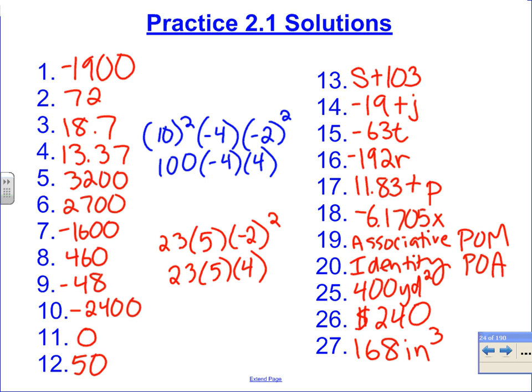Or you could have done 5 times 4 is 20, and then 20 times 23 is 460. So you could have grouped them differently if that was easier for you. And then 115 times 4 is 460.